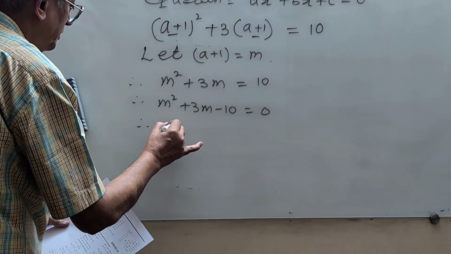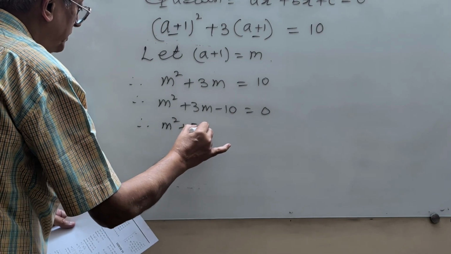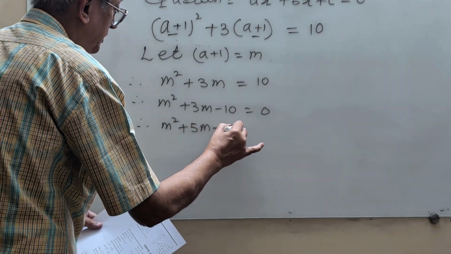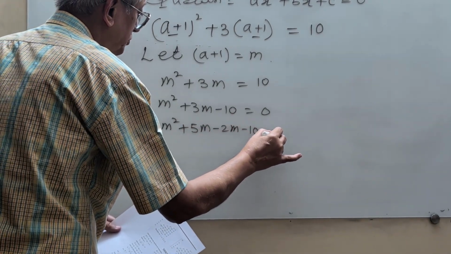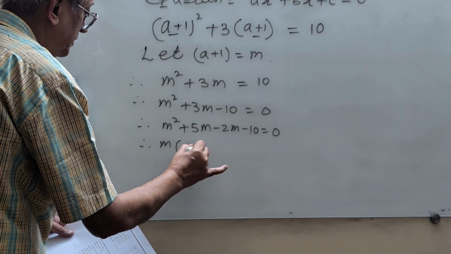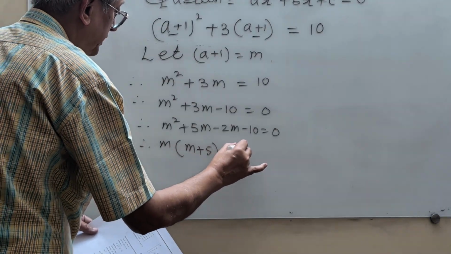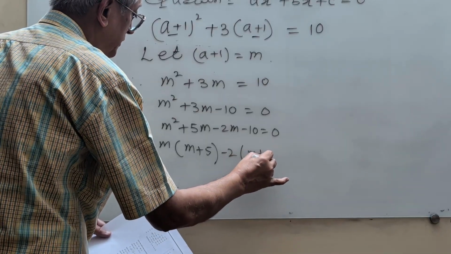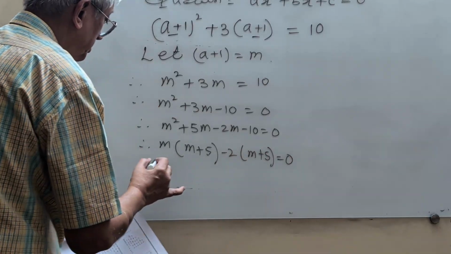Therefore m squared plus 5m minus 2m minus 10 is equal to 0. Therefore m(m plus 5) minus 2(m plus 5) is equal to 0.